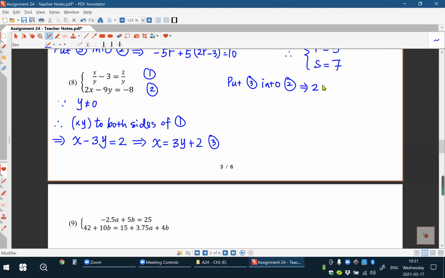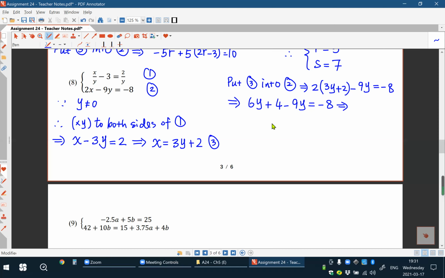And this will give you twice of x, means twice of 3y plus 2, minus 9y equals minus 8. And from here we can solve the y. It will get 6y plus 4 minus 9y equals minus 8, right?